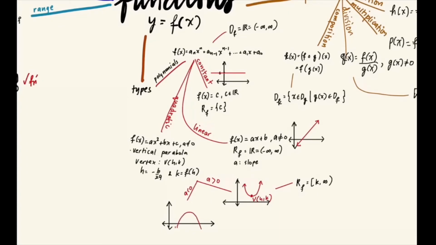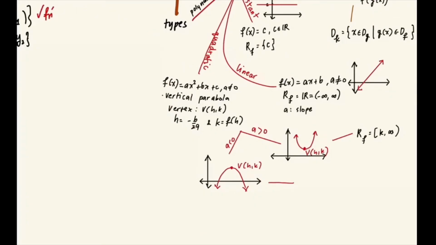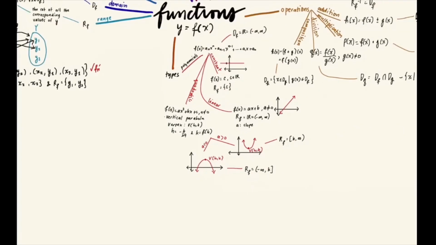The highest point is the vertex, meaning your y will have a maximum point at k. So the range of the function is from negative infinity to k, including k. Again, the domain of this is the set of real numbers.